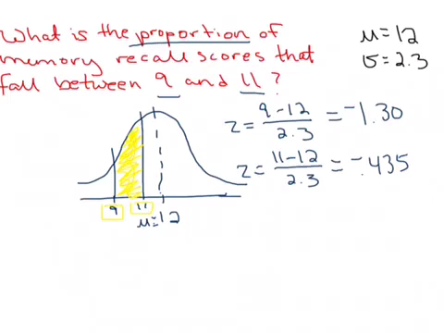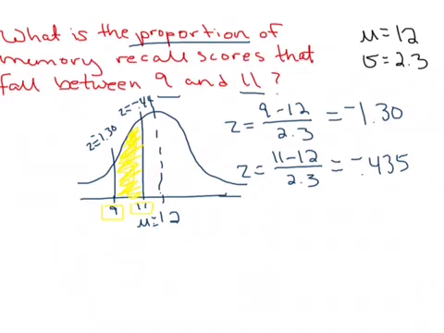So these are the z locations. So I'm going to put here z equals negative 1.30 and z equals negative 0.44.